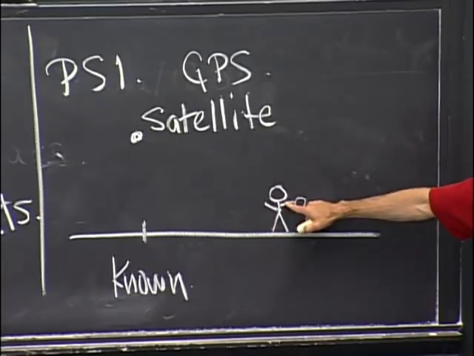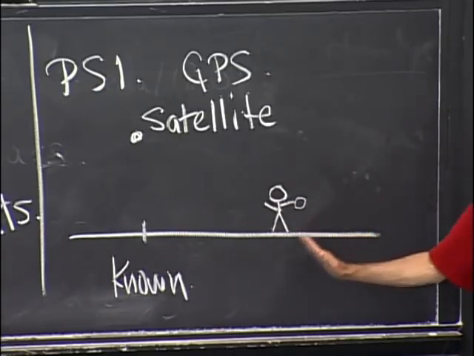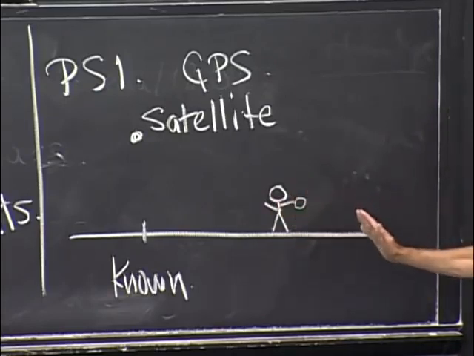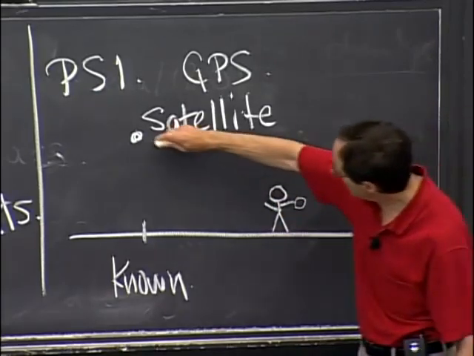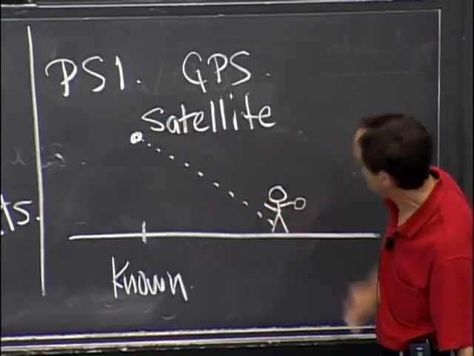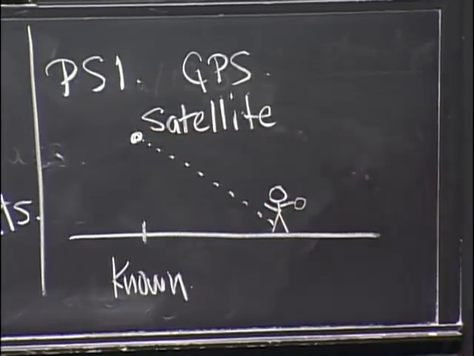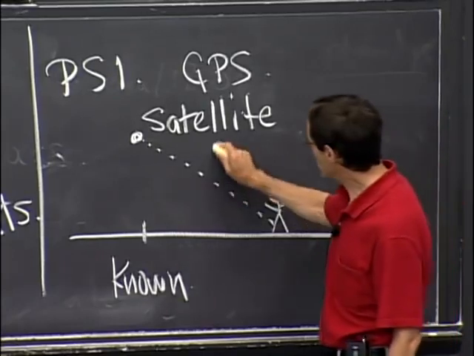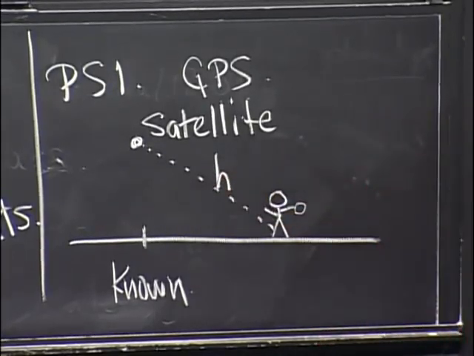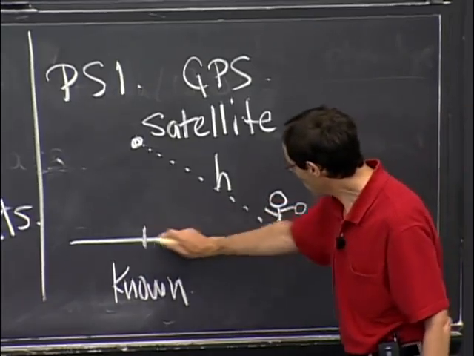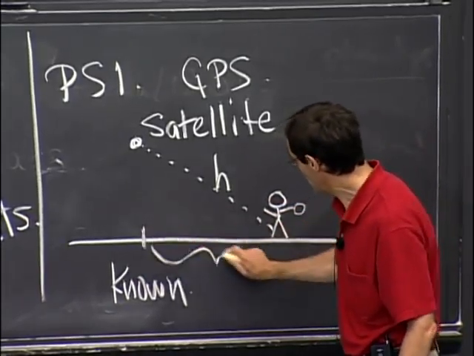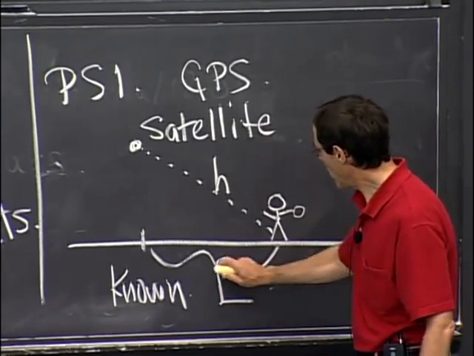And I want to know where I am. And the way I locate where I am is I communicate with this satellite by radio signals. And I can measure this distance here, which is called h. And then the system will compute this horizontal distance, which is L.